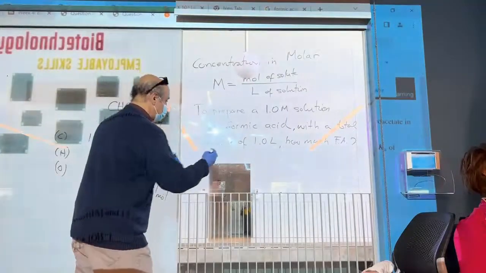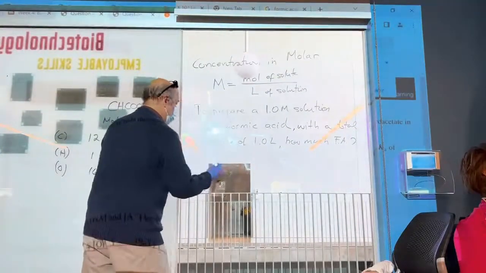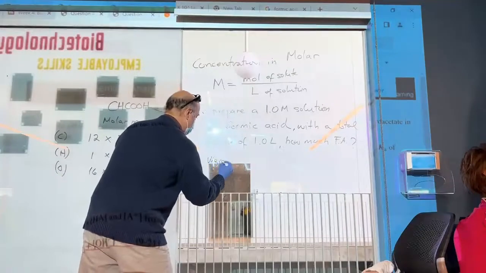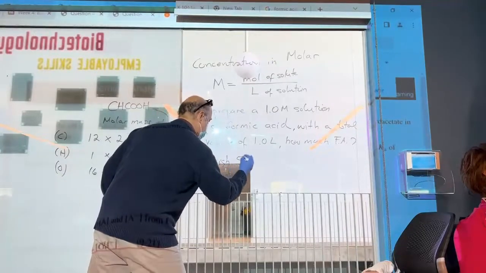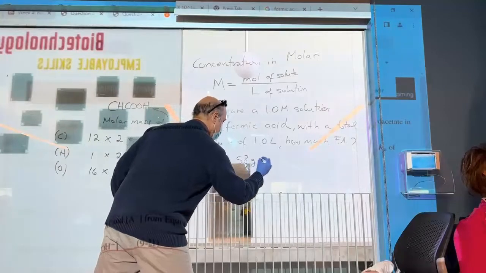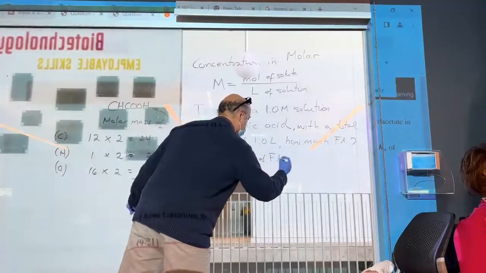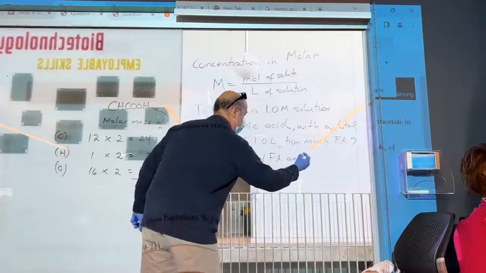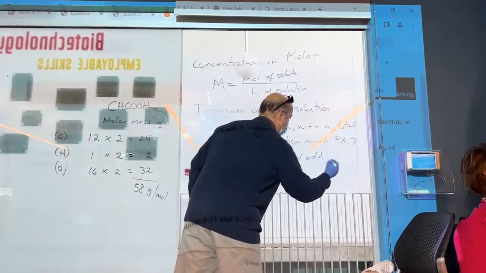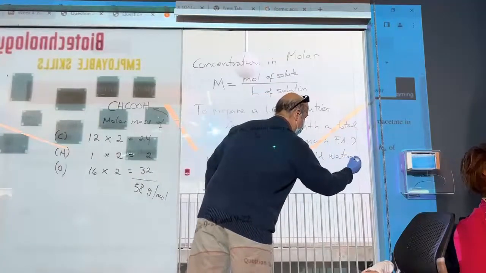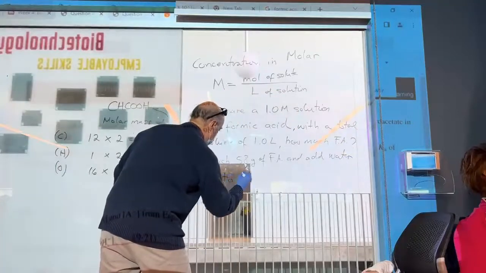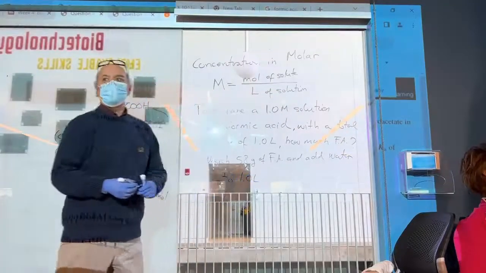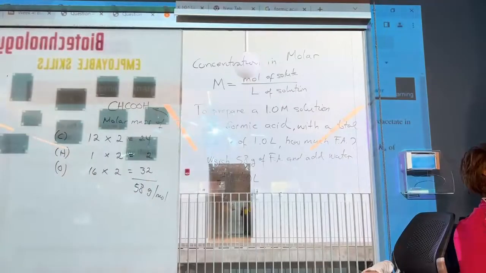All we do to prepare that solution is weigh 58 grams of formic acid and add water to 1 liter until you have 1 liter. So you weigh your formic acid and you start adding water until you get 1 liter. The resulting solution is 1 molar.